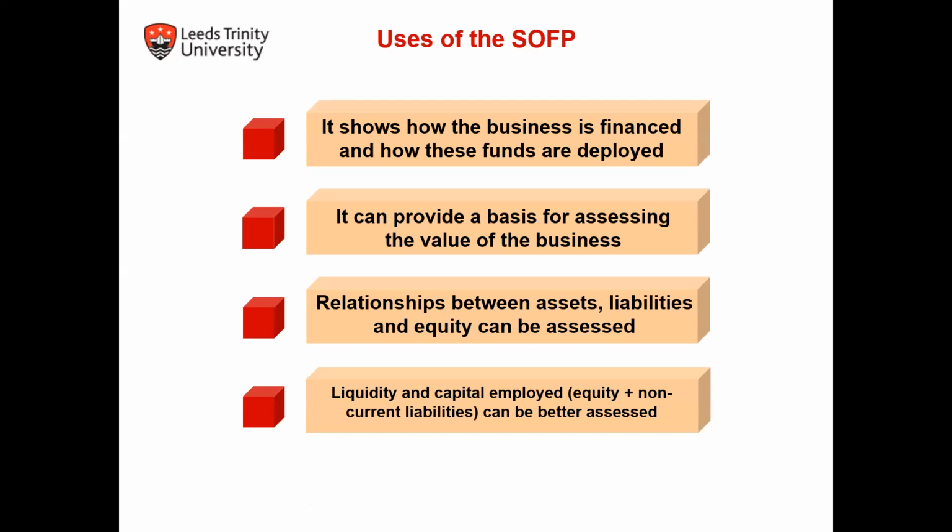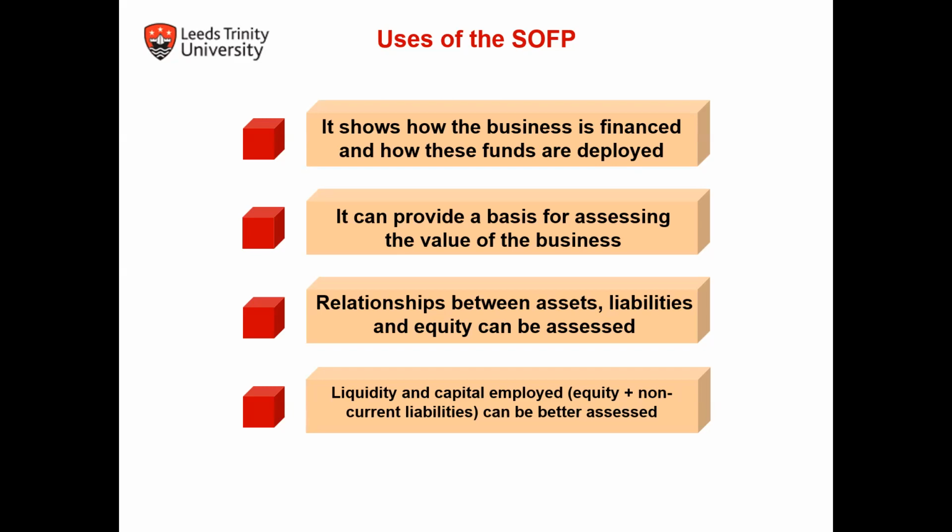Generally, what does this statement of financial position indicate? It shows how the business is financed and how these funds are deployed. It can provide a basis for assessing the value of the business. How much does it cost if you want to buy or sell this business? How much is financed based on equity or based on debt.